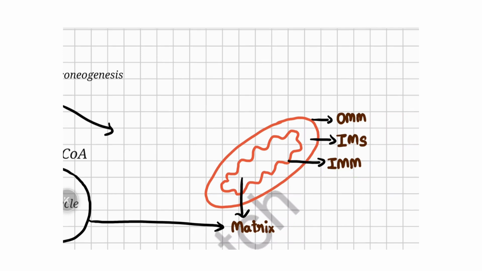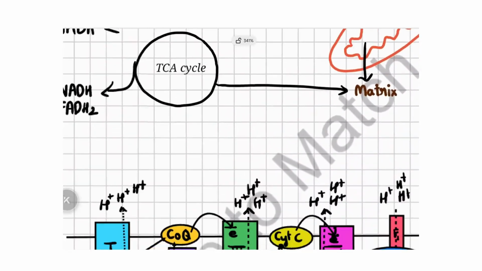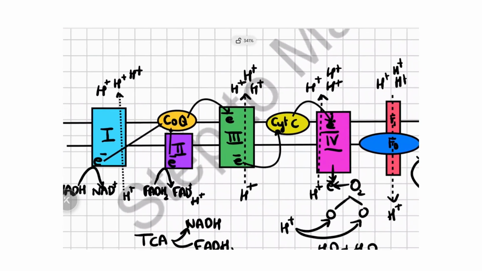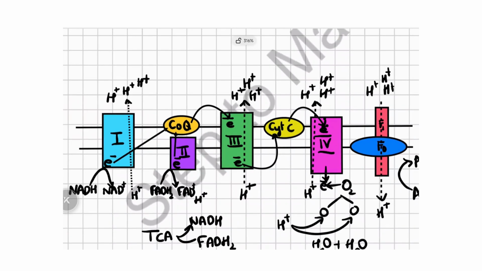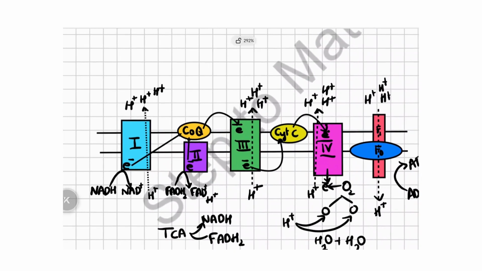So let's zoom in to the inner mitochondrial membrane. I know this looks like a lot, but trust me, I'll make it a lot easier. So the electron transport chain is embedded on the inner mitochondrial membrane, this whole space.